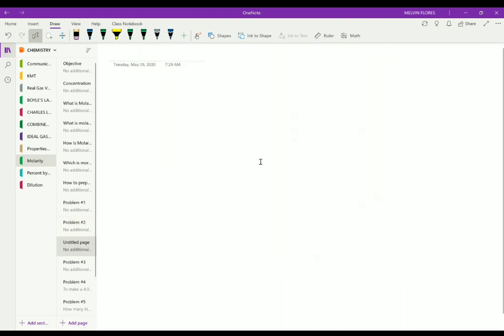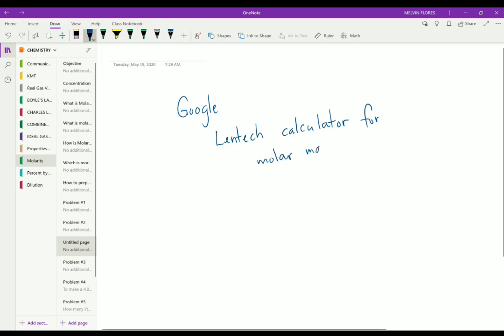If you need help, you Google Lenntech calculator for molar mass. We have used this before, so you should know what you're doing in that calculator.